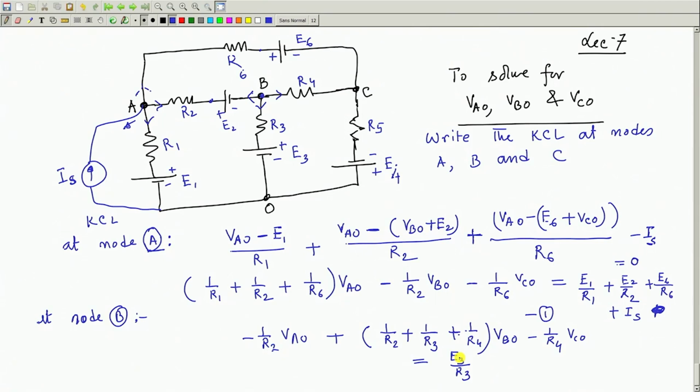There is another battery E 2 connected here to B. So, this E 2 by R 2, but its negative is connected to B. So, minus E 2 by R 2. E 6 by R 6 will not appear at B, because they are not connected to node B. Between B and C there is no source. So, only these two sources, and no current source is coming at B. So, that is all, this is equation 2 here.